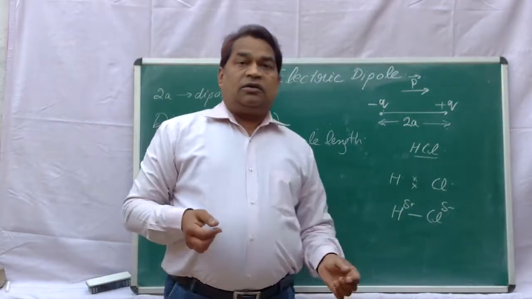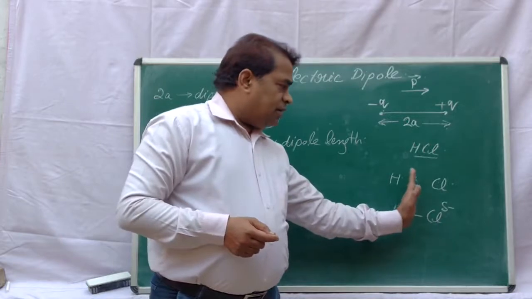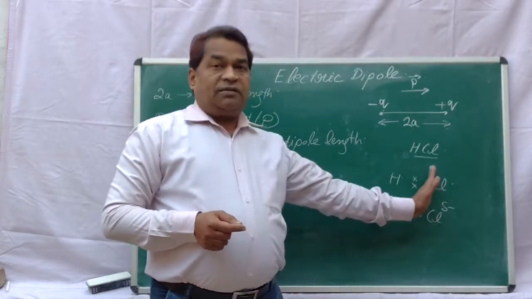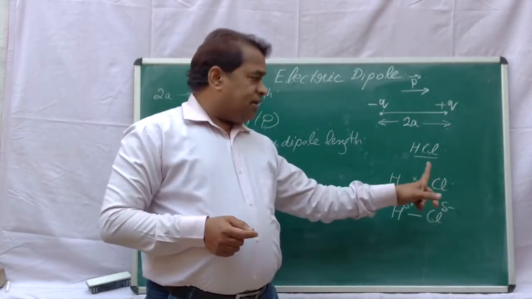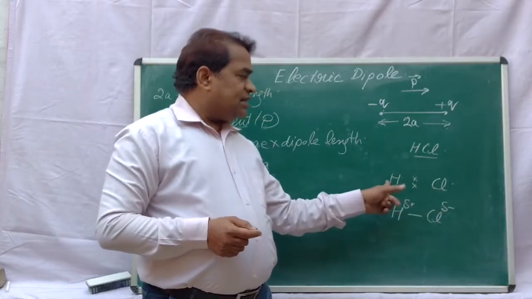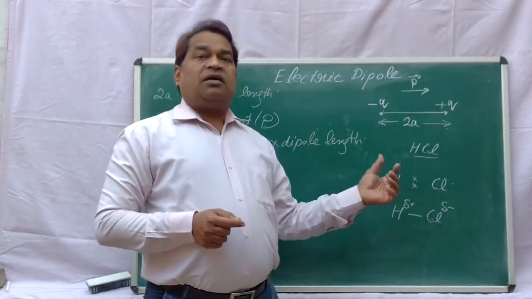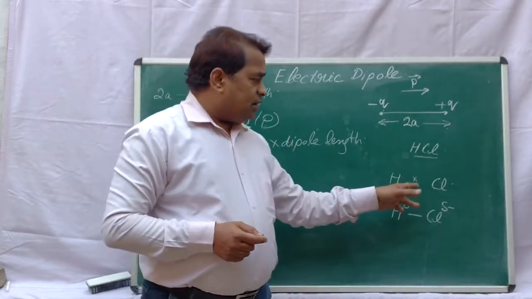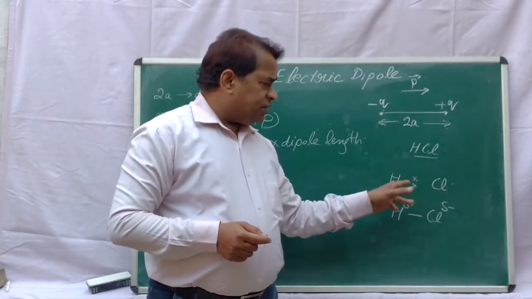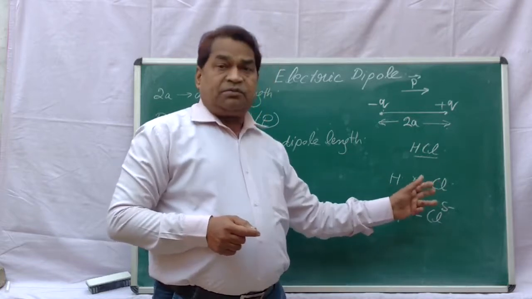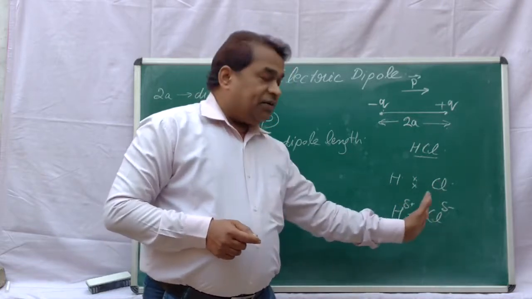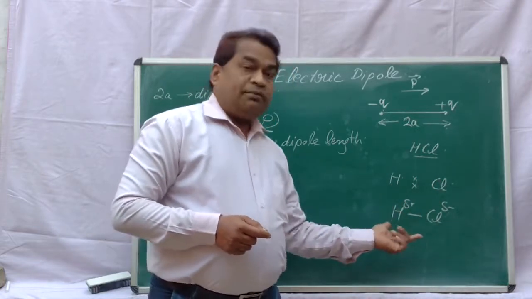In this molecule, the shared electron is shifted towards chlorine, while the center of positive charge remains at its position, so the center of positive charge and the center of negative charge now differ. That is why this dipole is formed.